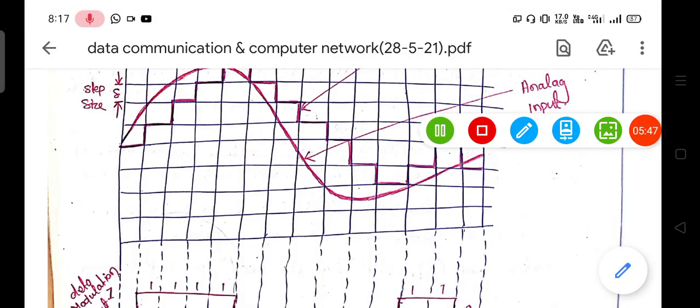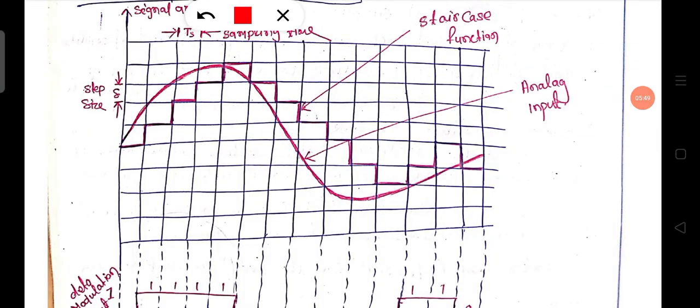First of all in delta modulation we approximate that analog signal to a staircase function. What is a staircase function? As the name suggests, the staircase function goes up and down in a stepwise manner. This is called a staircase function.